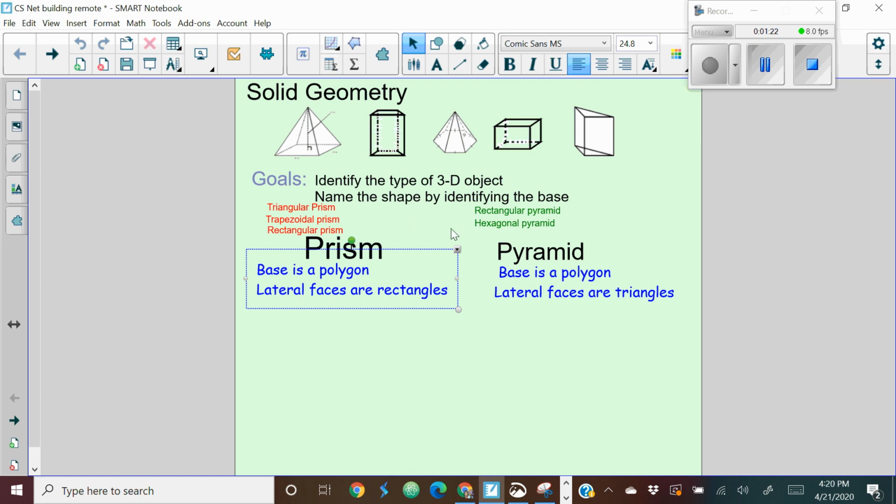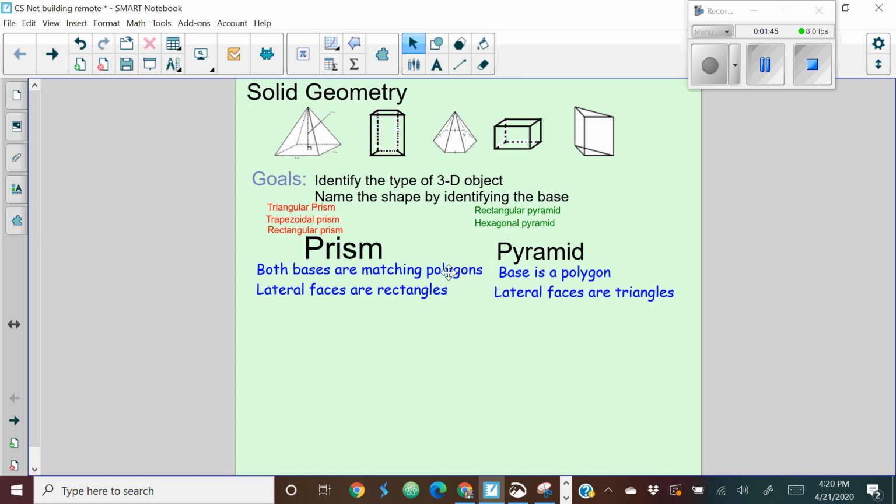So we could even change this to both bases are matching polygons. So that might be easier for you to think about, whereas a pyramid just has one base.